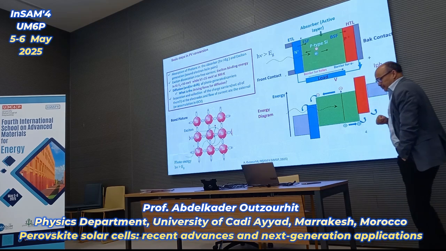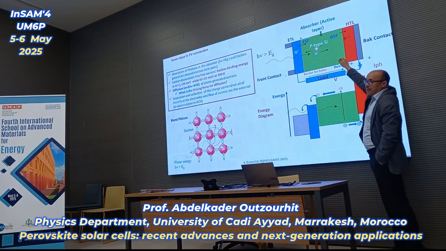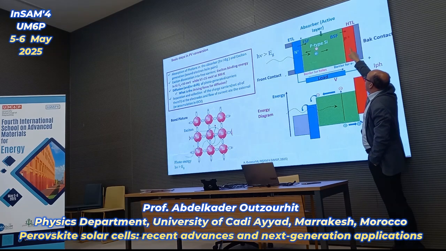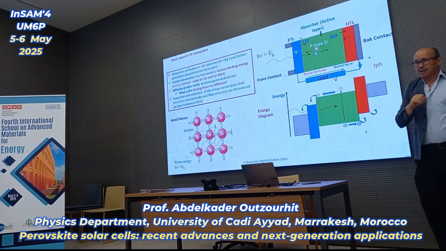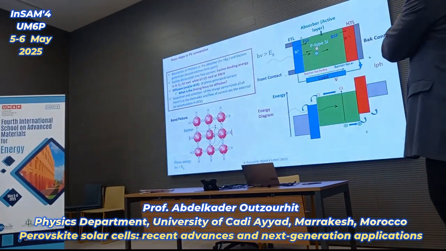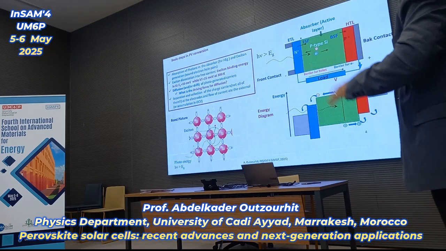Even at this junction here, you also have an electric field. You can easily show that you also have what we call the back surface field, pointing in that direction. That back surface field blocks electrons, but it favors the passage of holes.